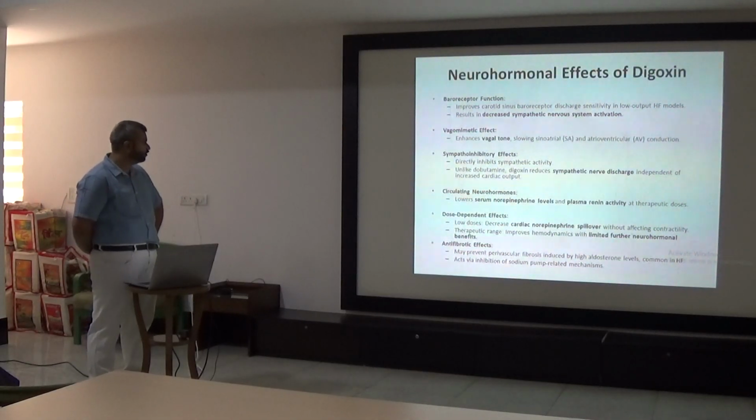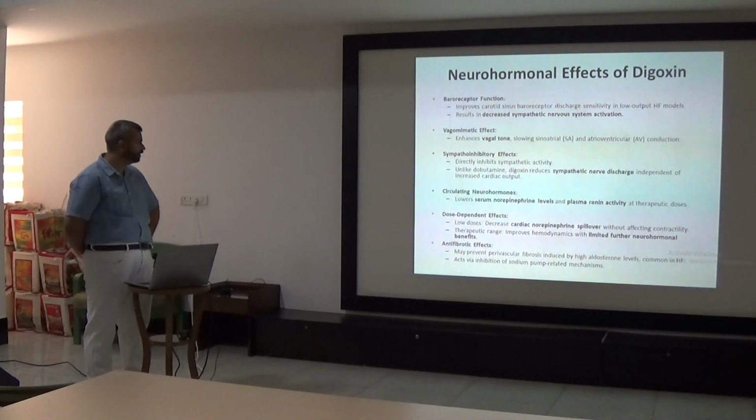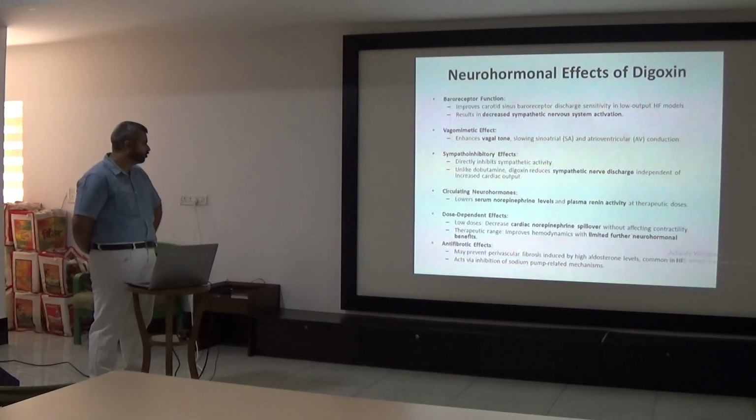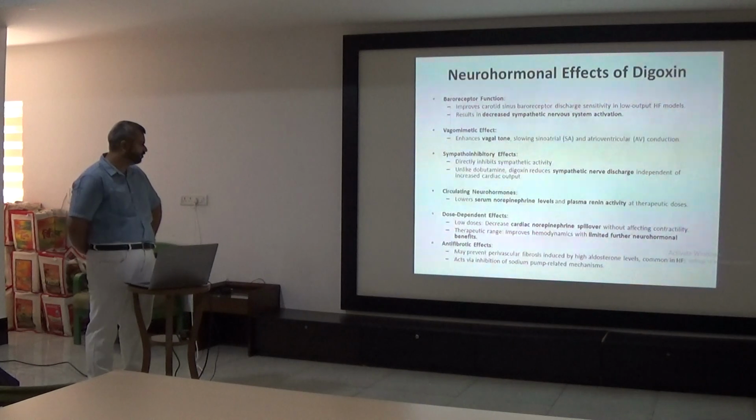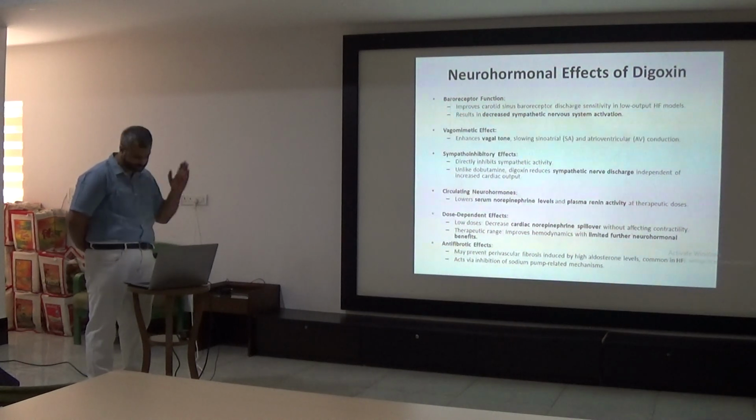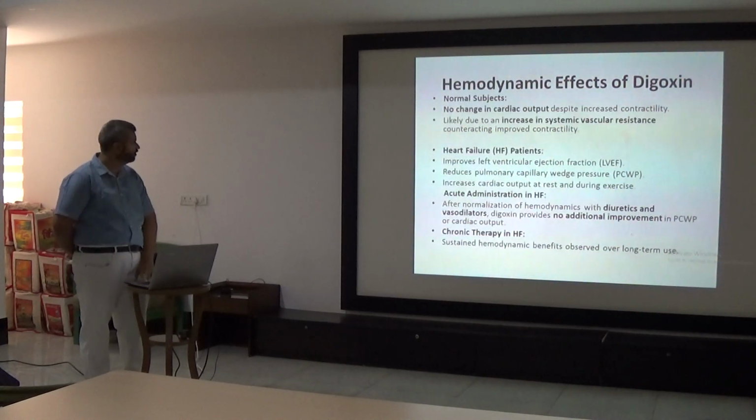Also has some sympathoinhibitory effects, which primarily decrease the nerve discharge of sympathetic fibers. It also decreases circulating sympathetic neurohormones such as norepinephrine, and also affects the plasma renin activity at therapeutic doses. It also has some antifibrotic activities, which is particularly important in post-myocardial infarction patients.